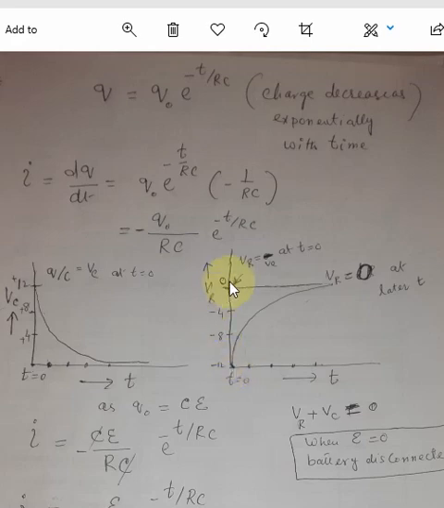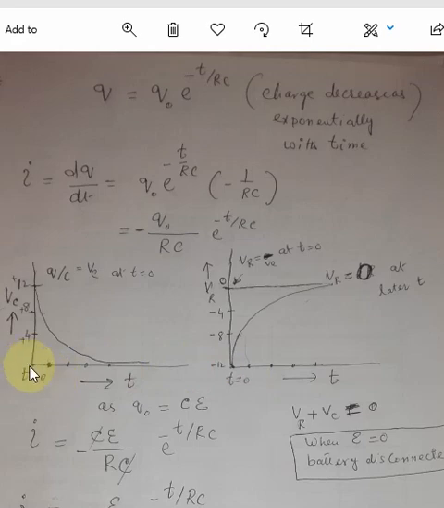So at t equal to 0, this graph indicates that at t equal to 0, Vc has its maximum value. Let me repeat it again.